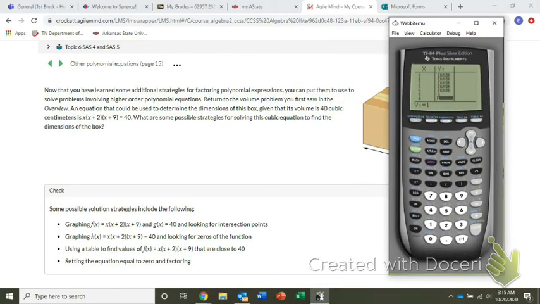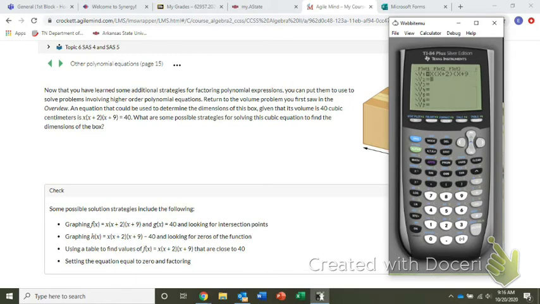So, the first thing it tells us we can do is we can graph x plus 2, and x plus 9.